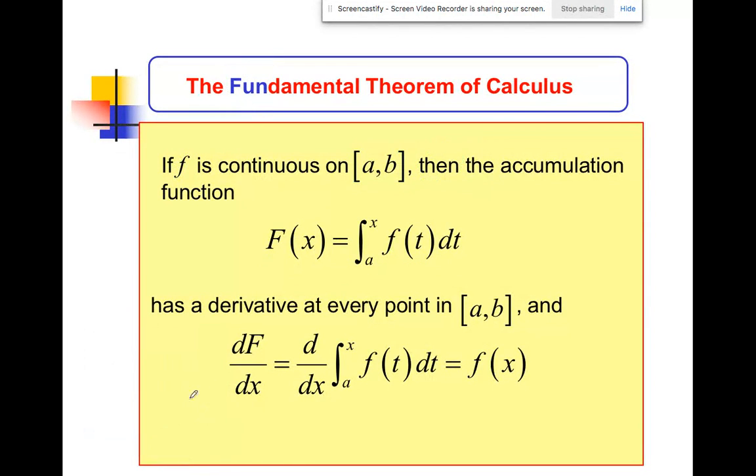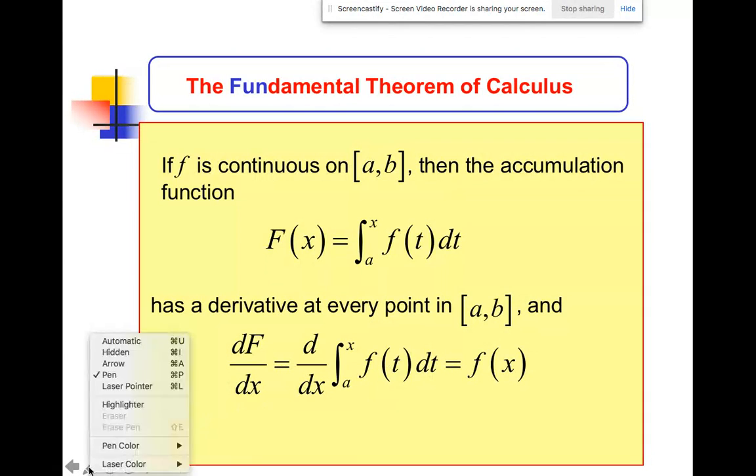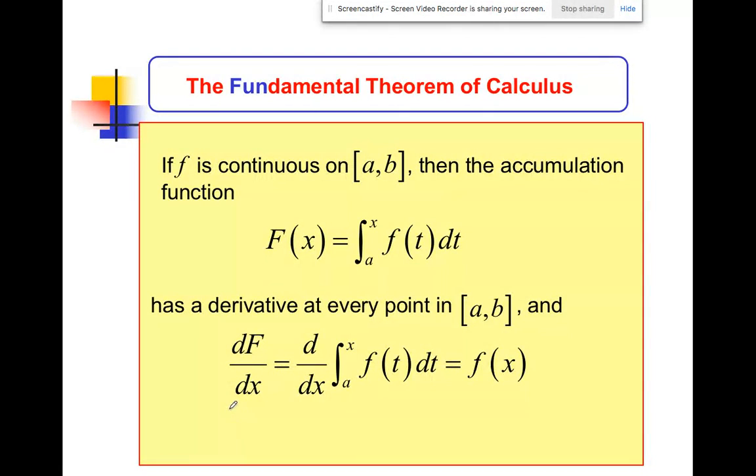And while you're writing that down, I want to remind you of Algebra 1. I can add 5 to both sides. I can divide both sides by 2. I can square both sides. I can also take the derivative of the left side of this equation. If I take the derivative of the left side of the equation, that's what I have.